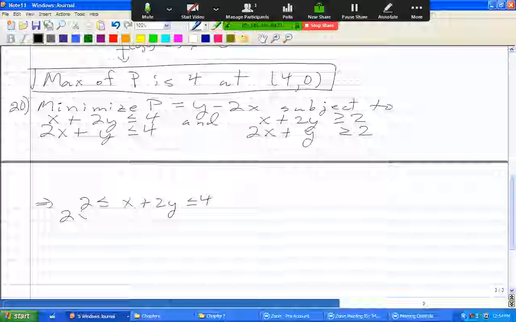Subtract x from both sides. Divide by 2.